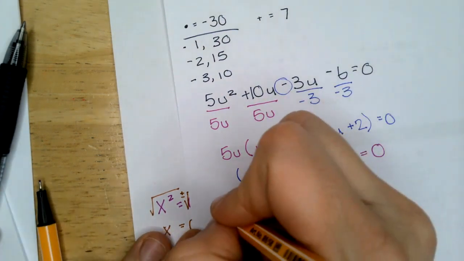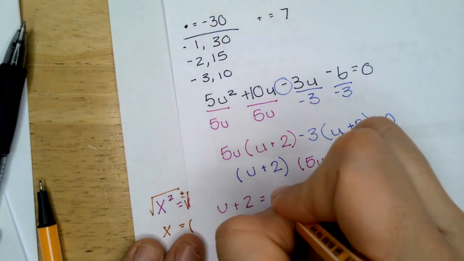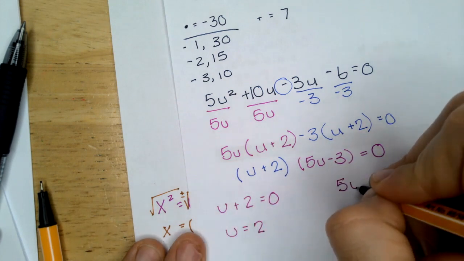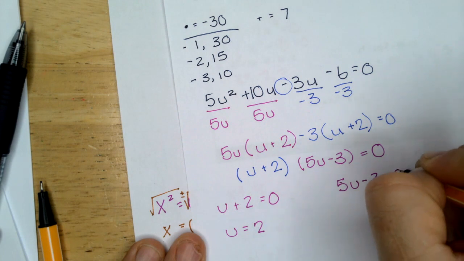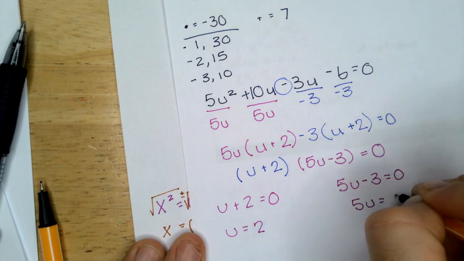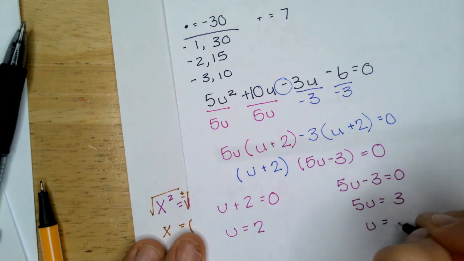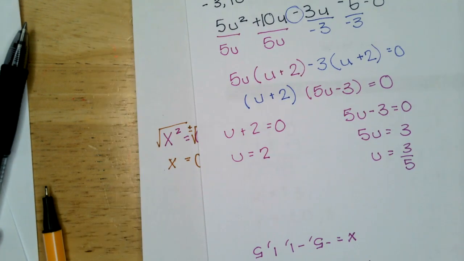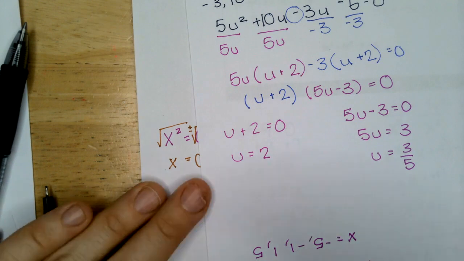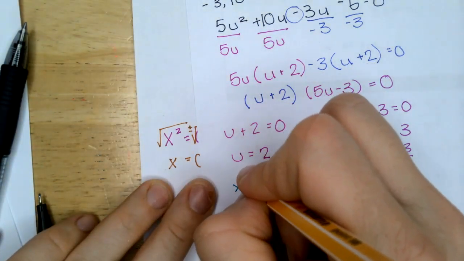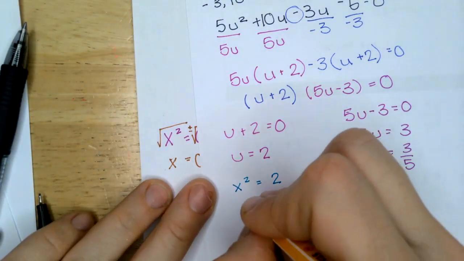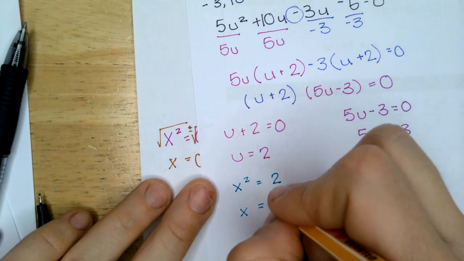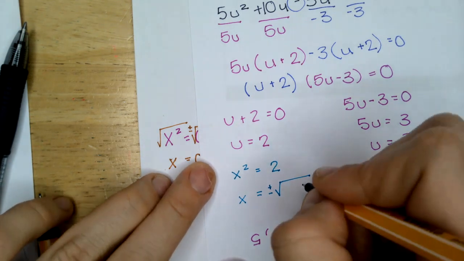Good? That means u plus 2 is 0. U is negative 2. 5u minus 3 is 0. 5u is 3. U is 3/5. But we're not solving for u, we're solving for x. So u becomes x squared. X squared is equal to negative 2. So x is going to be the positive and negative square root of negative 2.